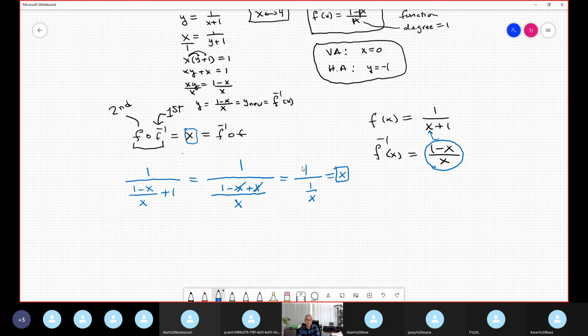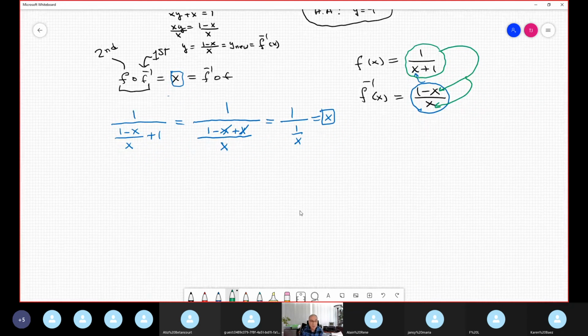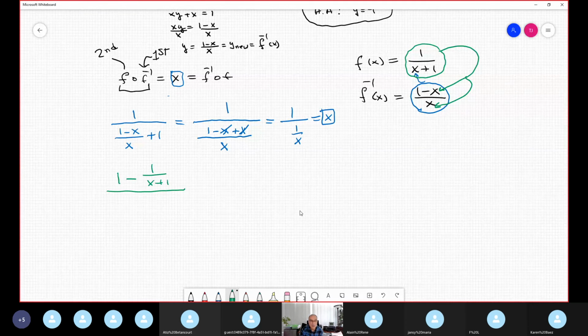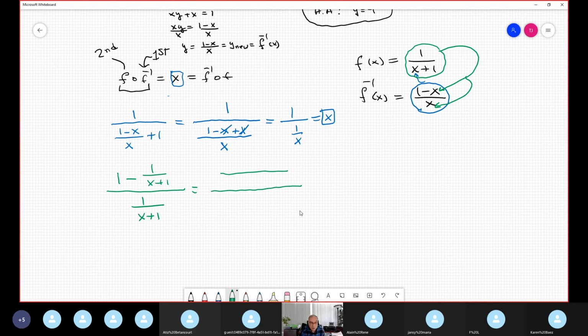In opposite direction, in opposite direction is this expression. Substitution here and here. Okay, it's 1 minus 1 over x plus 1 divided by 1 over x plus 1. Something like that. Okay, I want to condense the top part using common denominator, que es x plus 1.